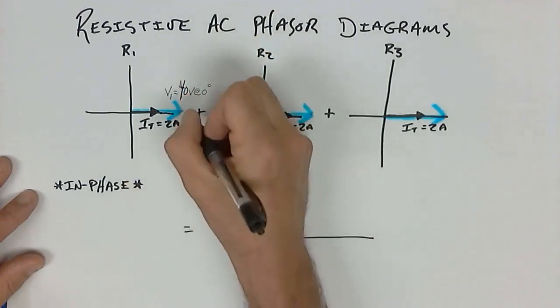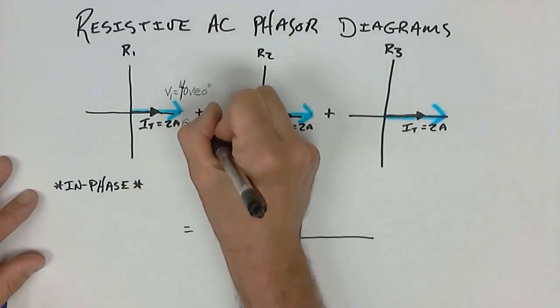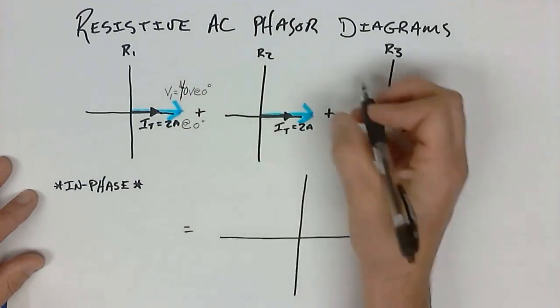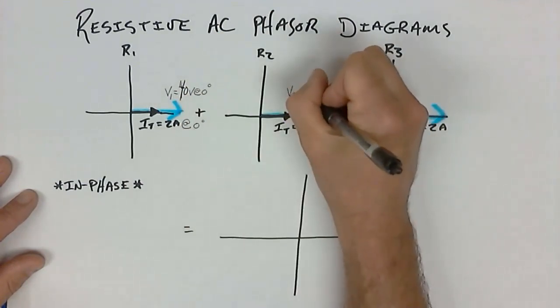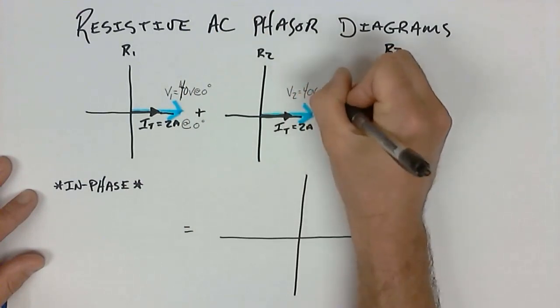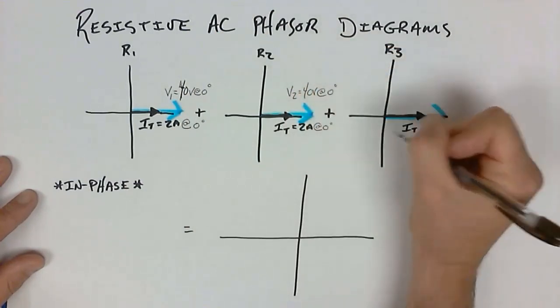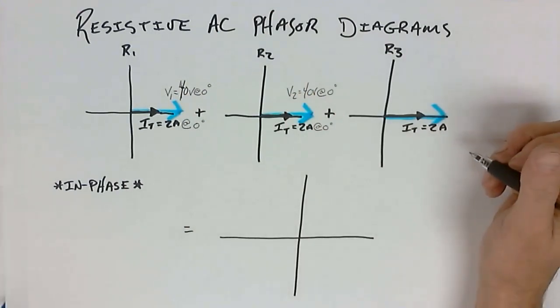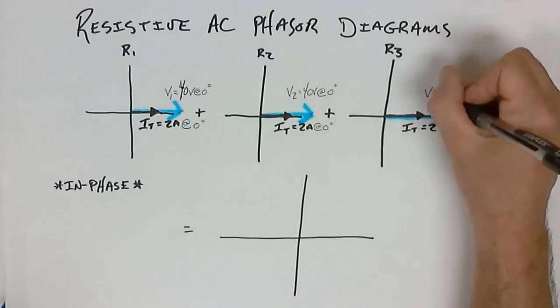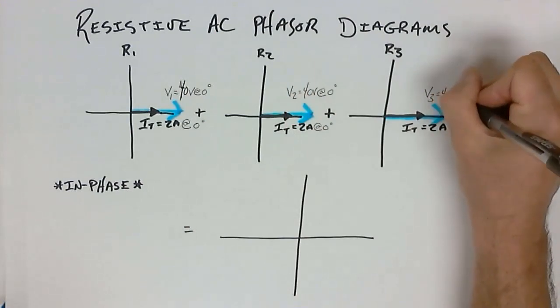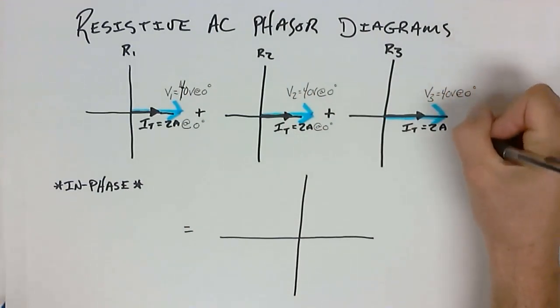And the total current is 2 amps at 0 degrees. The next one is V2, which is also 40 volts at 0 degrees. And the third one here is V3, 40 volts at 0 degrees.